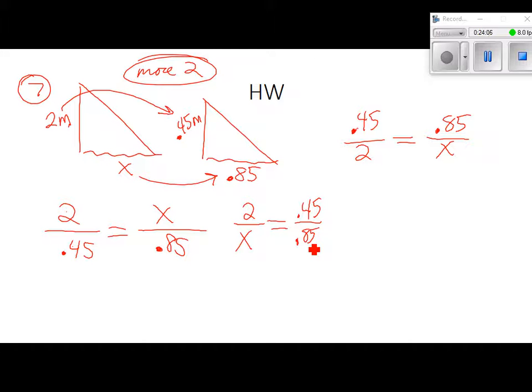Because all she did was match this over this, this over this. Watch what happens when you cross multiply here. What 2 things am I multiplying there? 2 and 0.85.